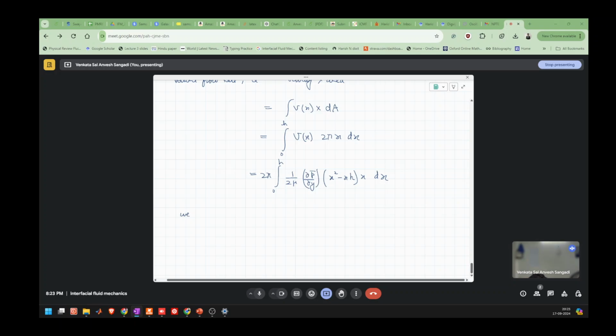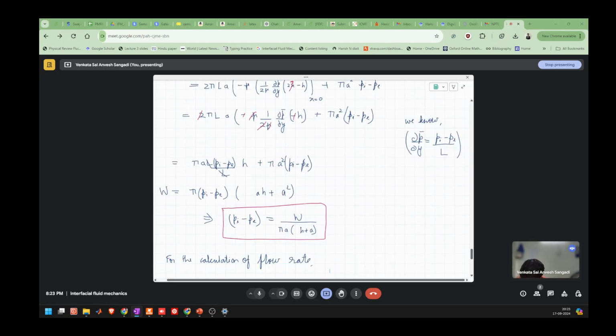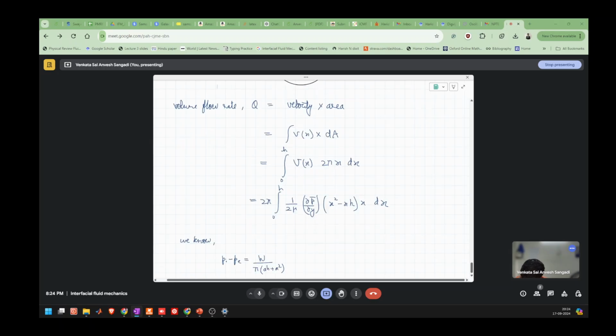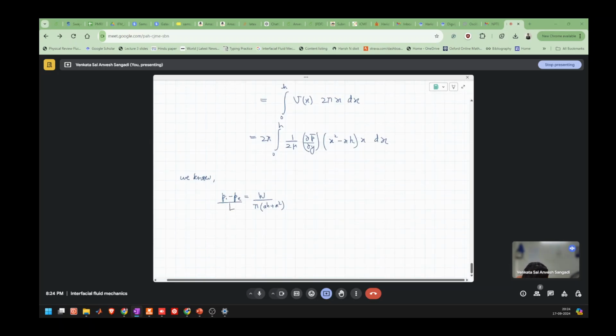We know pi minus pe is equal to w by pi a h plus a square. This is the relation we got, and if we divide this by L, we'll have an L here as well. So this is equal to del P bar by del Y.